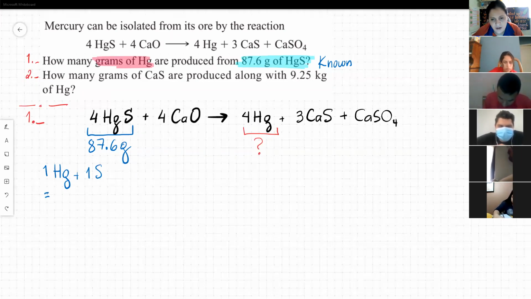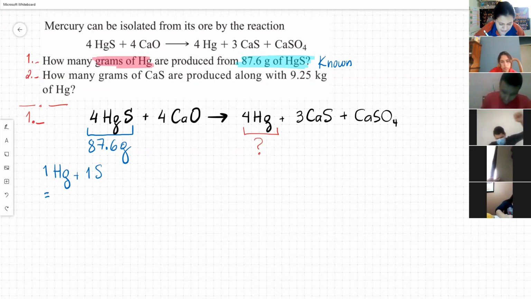So for mercury, I have 200.59, and for sulfur, I think it's 32.07. Okay, this is the molar mass I got.